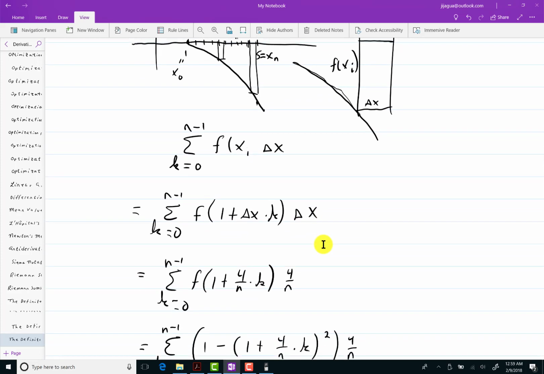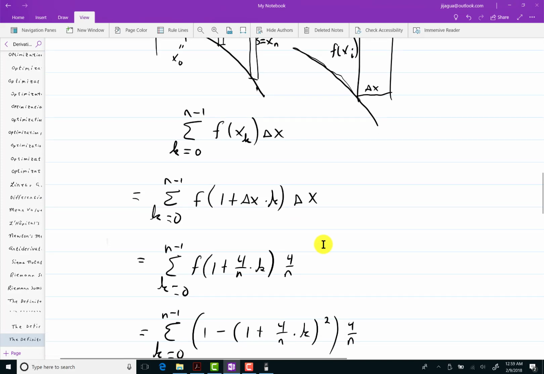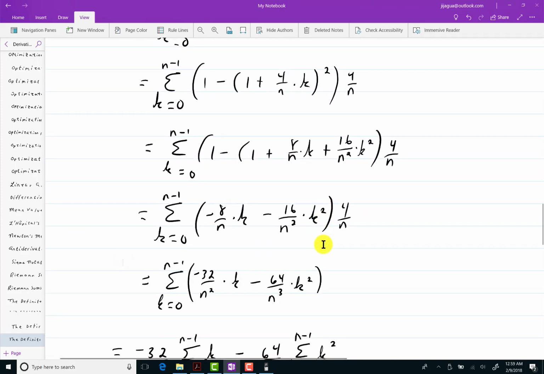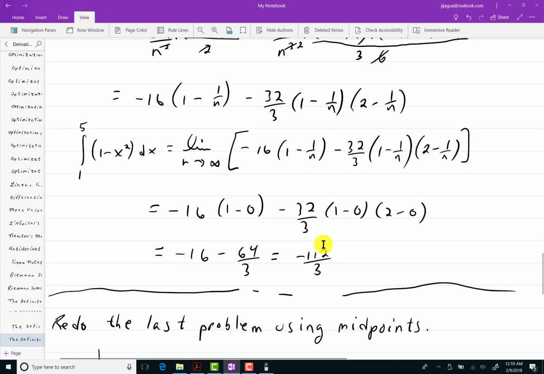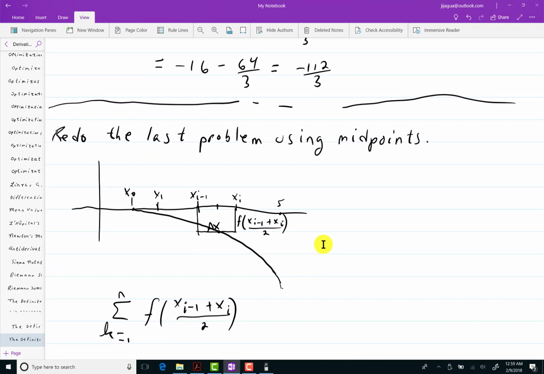So let's clean up a little bit based on what I did in the past. And just make sure I've got my case. Because I think all my pictures have the wrong kind of a picture. Here I should have an x sub k minus 1 and an x sub k. Now it's still the average of these points.